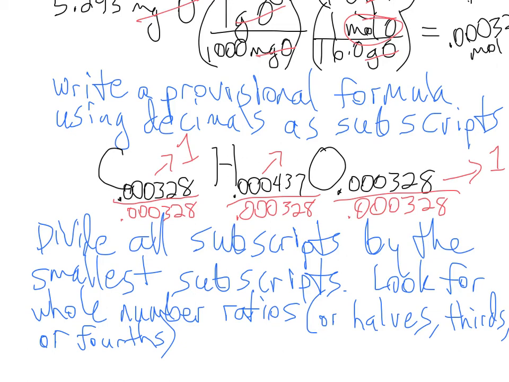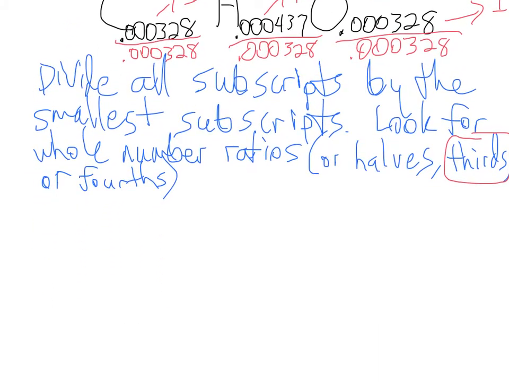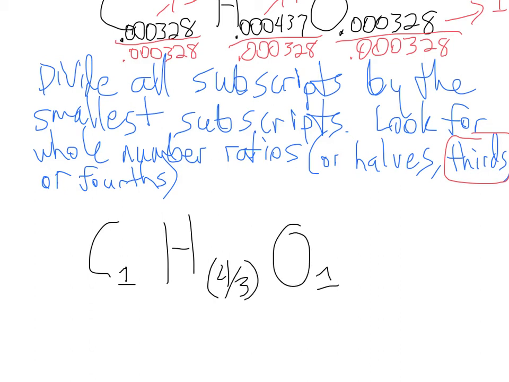So in this case, we're looking for a ratio that's a third. So 1.33 is the same as 4/3. So when writing a neatened up formula, you might say, okay, C1 H 4/3 O1. And that maintains the ratio of moles that you had calculated, but it's in recognizable fractions.